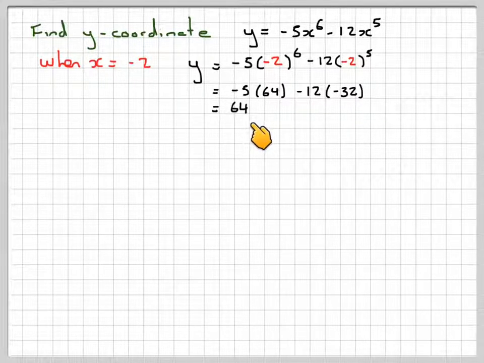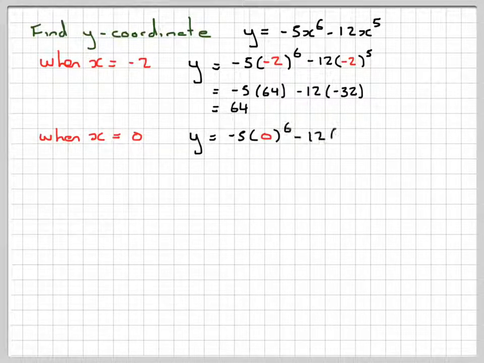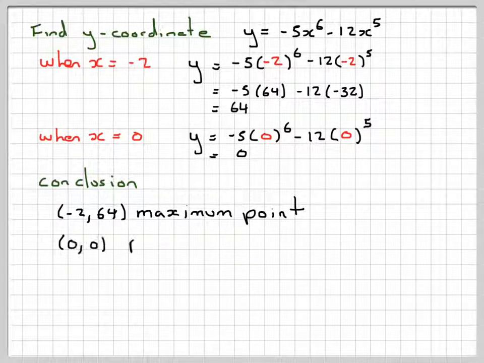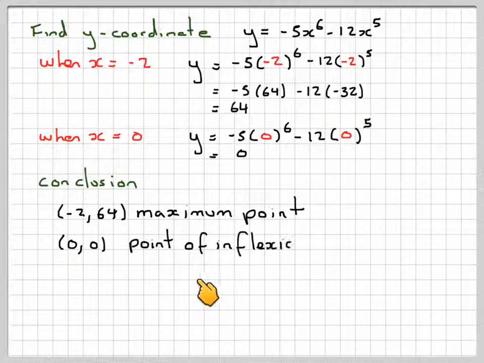When we simplify that, minus 5 times 64 minus 12 times minus 32, we get 64. When x equals 0, we can see that y is also 0 very clearly. So the conclusion: at minus 2, 64, we have a maximum point, and at 0, 0, we have a point of inflection.